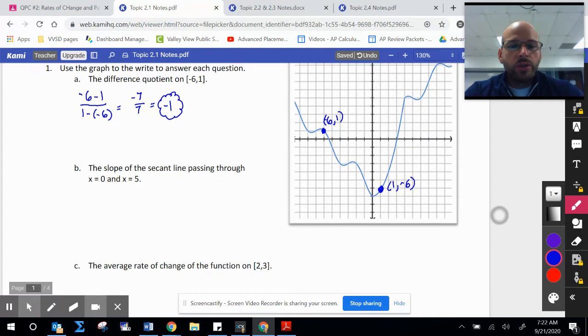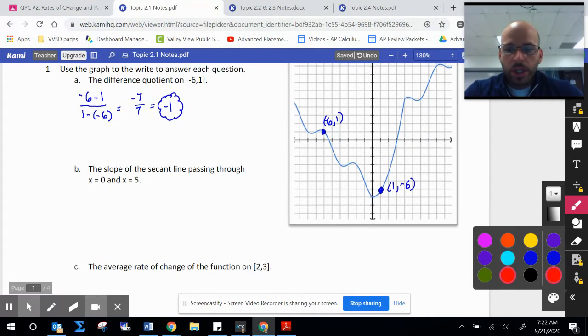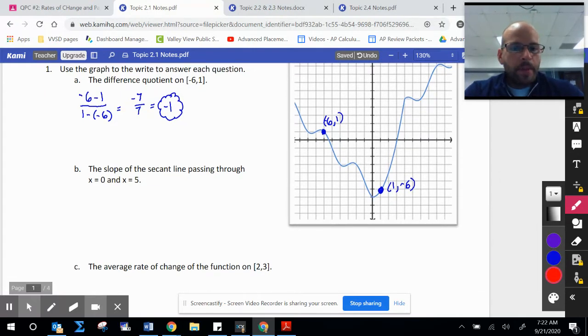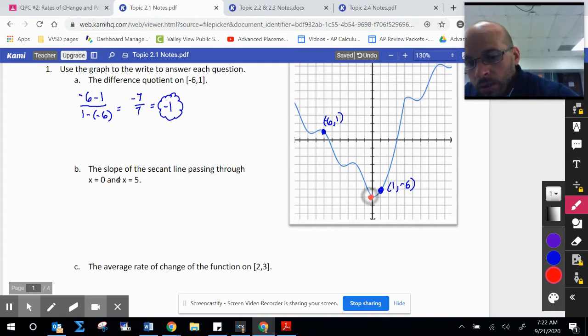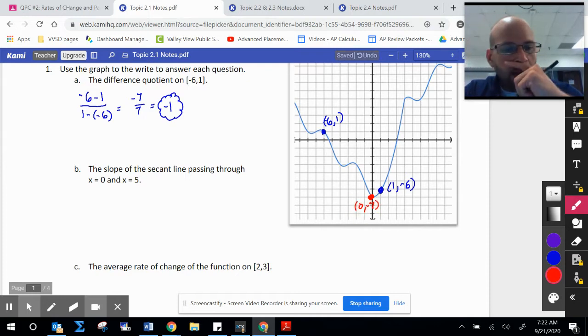If you were to do part B, so let me change colors here. I want the slope of the secant line. So again, it's the same type of question, just in a different wording. The slope of the secant line that passes through when x is 0. So this looks like 0 comma -7. And for 5, it's up here.